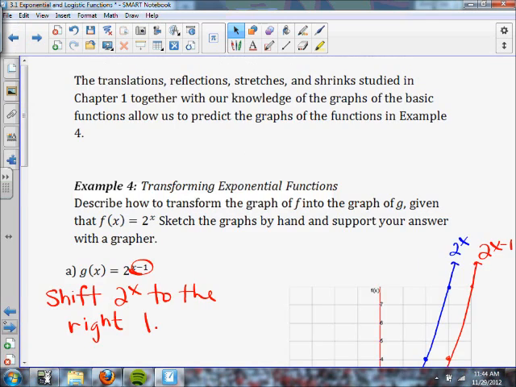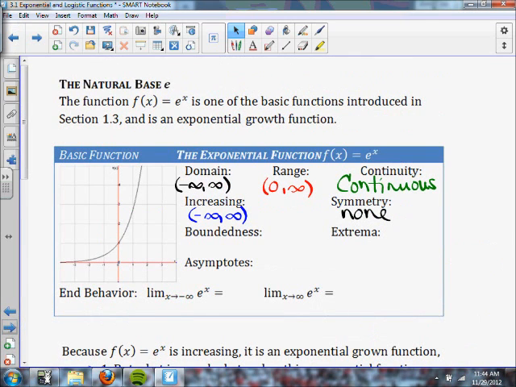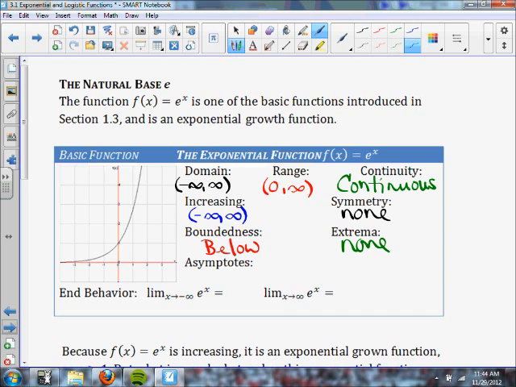Bounded below, right? That's your next answer, good. Okay, so it is bounded below. Mitchell, any extrema? No, none. Carl, any asymptotes? Horizontal. Just 0? Yes. y equals 0. Thank you.